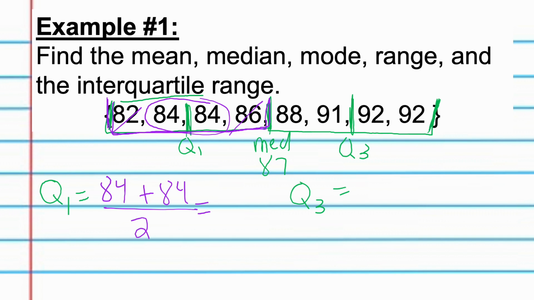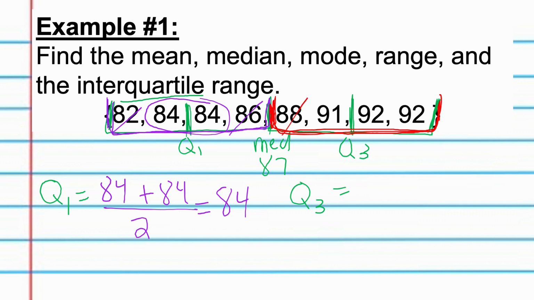So that gives us 84 as quartile 1. Now we take a look at our second set of data, our second new set, and I'm going to change my color to red here because we're going to pretend that this is a new set of numbers, and quartile 3 is going to be that median.